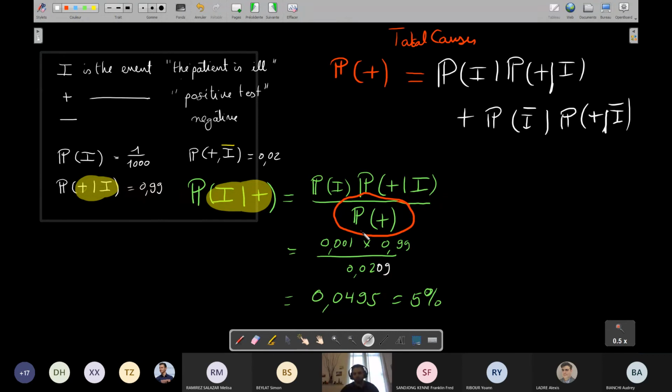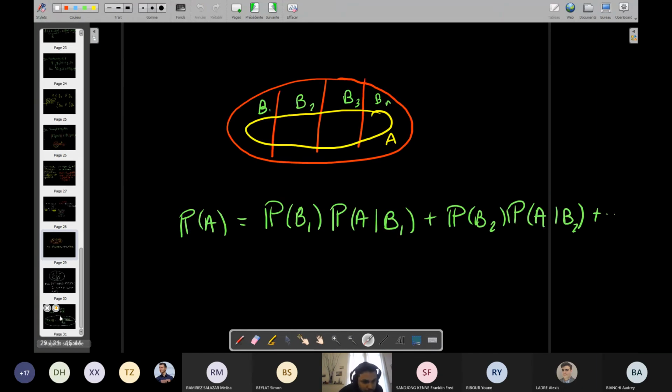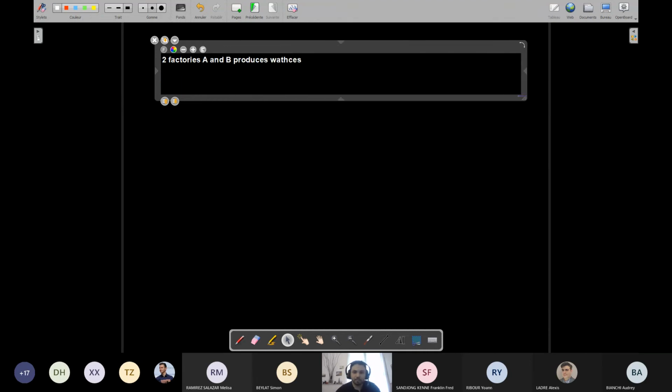Now, another exercise for you about independence. Here is another exercise about watches. Two factories, A and B, produce watches.